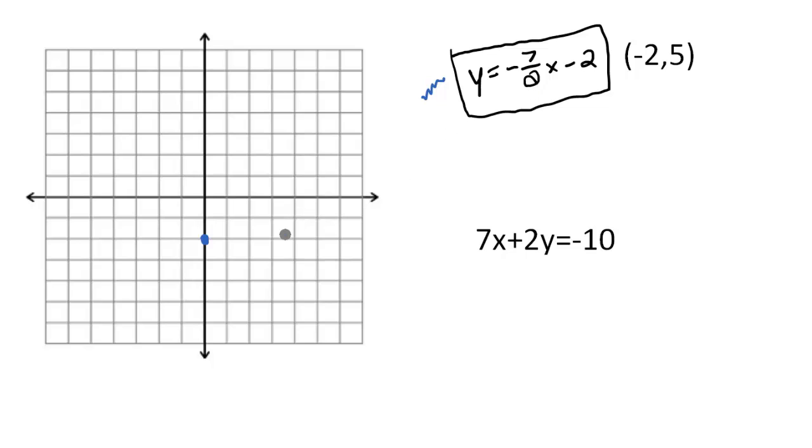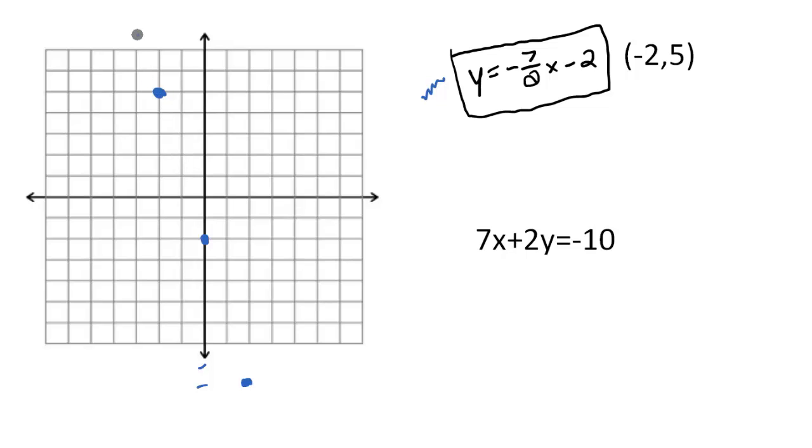So I have to go down 1, 2, 3, 4, 5, 6, 7, so about down to there, and then over 2, so that's right around there. If I want to go back up to the left, I'm going to go up 7 and then back 2, which is just doing the slope backwards.